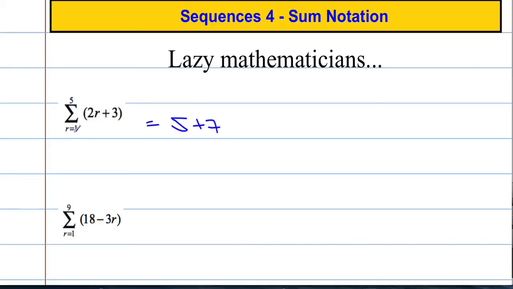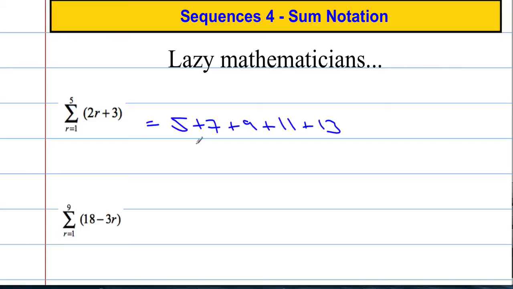Then increase it again to 3: r equals 3, 2 times 3 is 6, 6 plus 3 is 9. Then r equals 4: 2 times 4 is 8, 8 plus 3 is 11. And then r equals 5: 2 times 5 is 10, 10 plus 3 is 13.